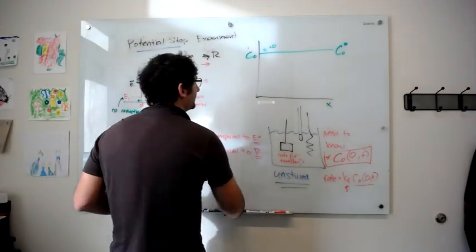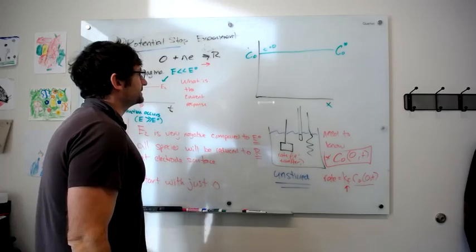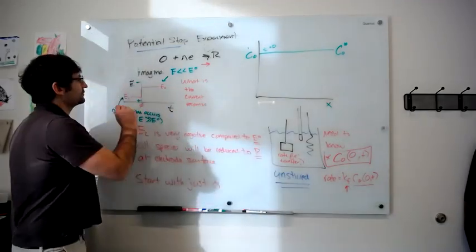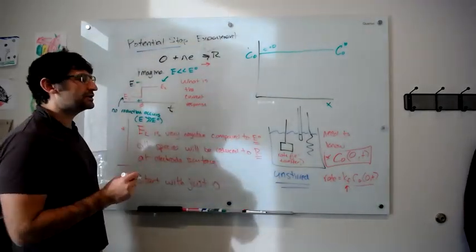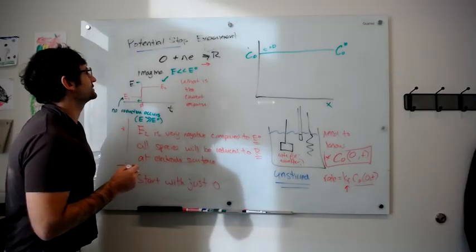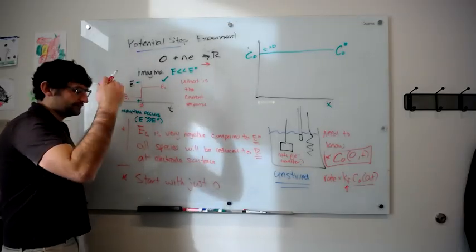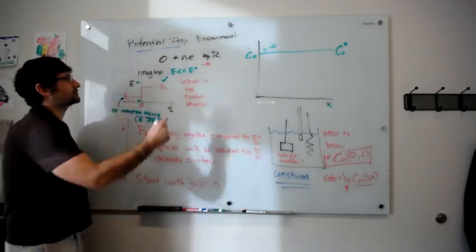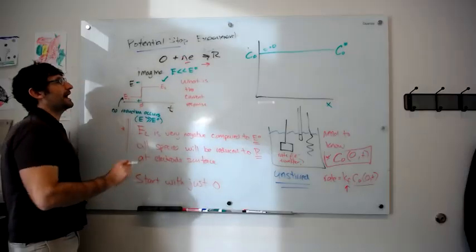Now, what happens at later times? At some time later, I'm stepping the potential very negative. So what reaction is driven at the electrode surface? Well, if you have a very negative potential, your electrons are very reducing, they're very reactive.